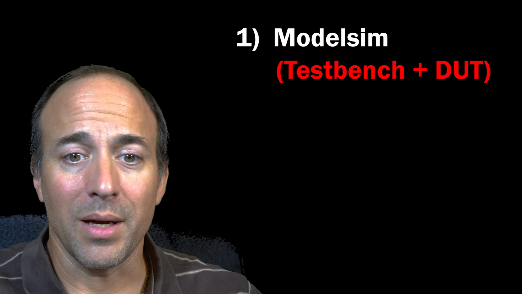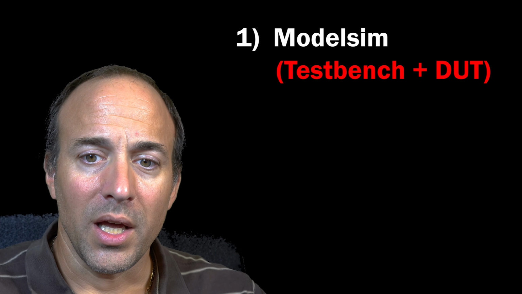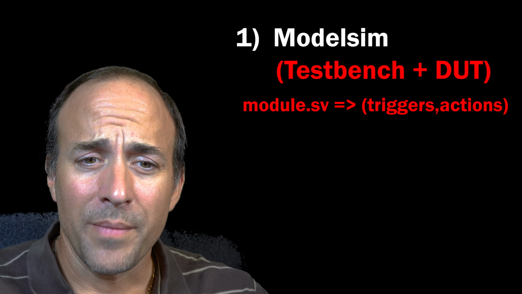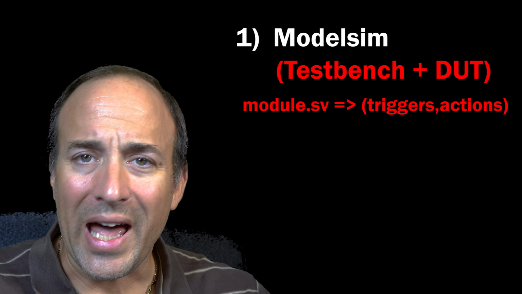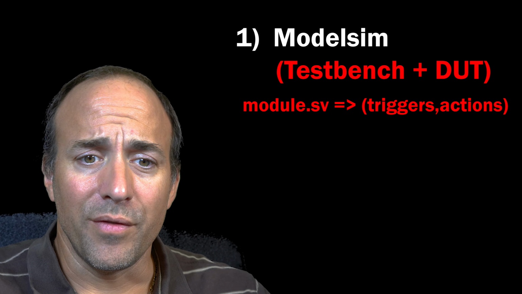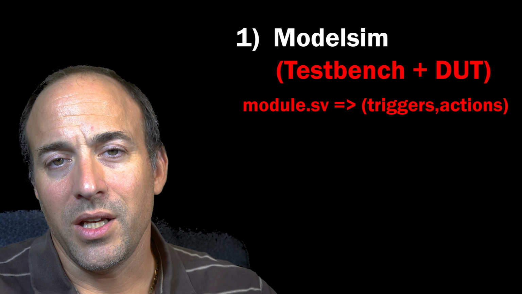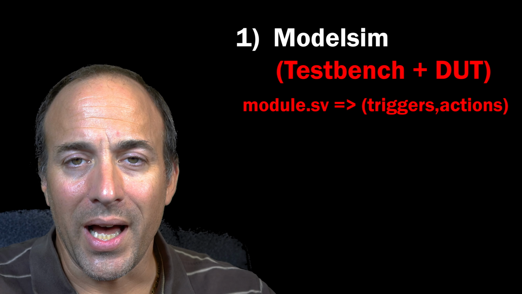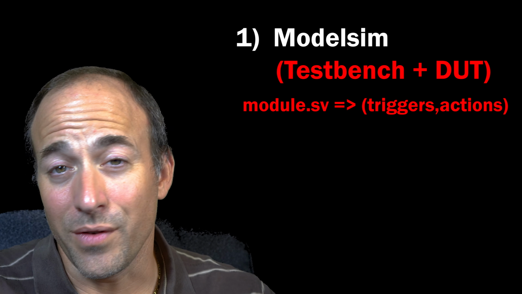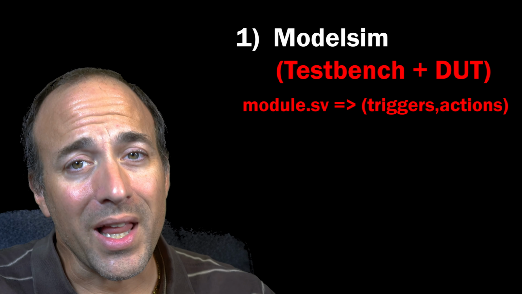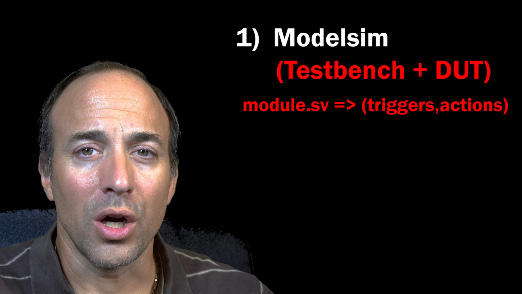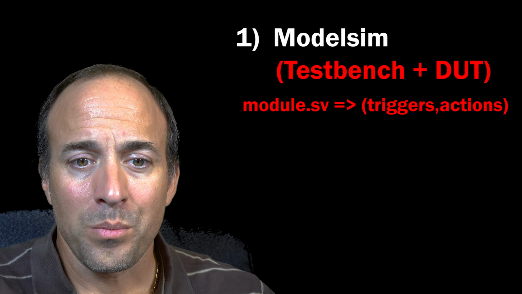ModelSim works by compiling your SystemVerilog code into a binary representation of the set of triggers and associated actions for each trigger that define the behavior of your SystemVerilog code. The triggers are defined by the signals that you provide in the sensitivity list of your always statements, as well as the signals that are on the right-hand side of your continuous assignment statements.